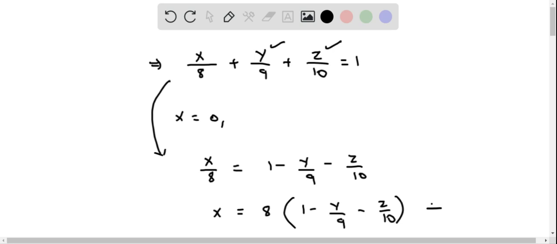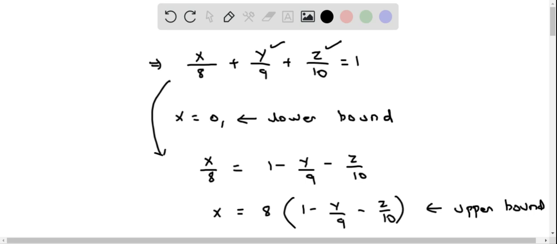So this is the upper bound, or the upper limit, of x, and the lower limit of each of the variables is going to be 0, because we are finding the volume only in the first octant. So this one is the lower bound of x.